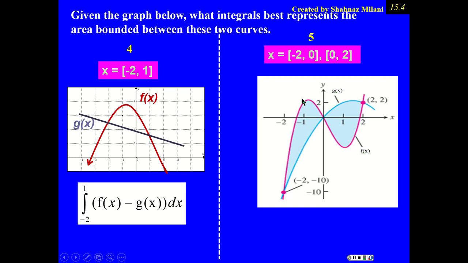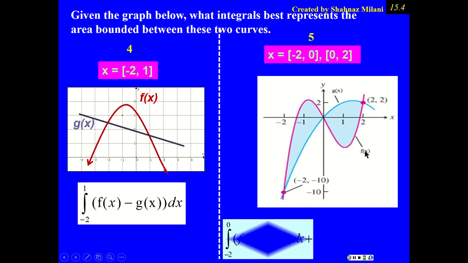Definitely, here is the larger y value. That means between -2 and 0, the pink graph, which is f of x, goes first.